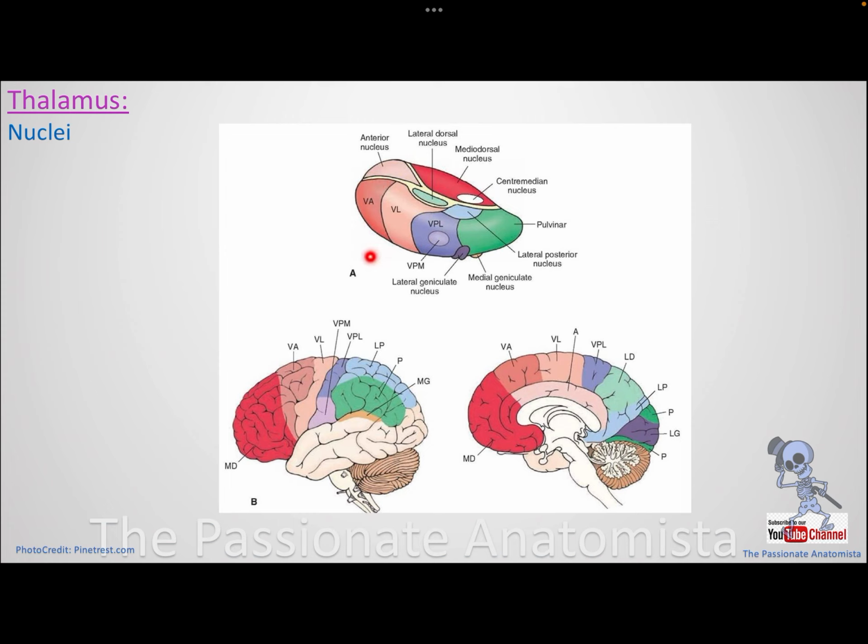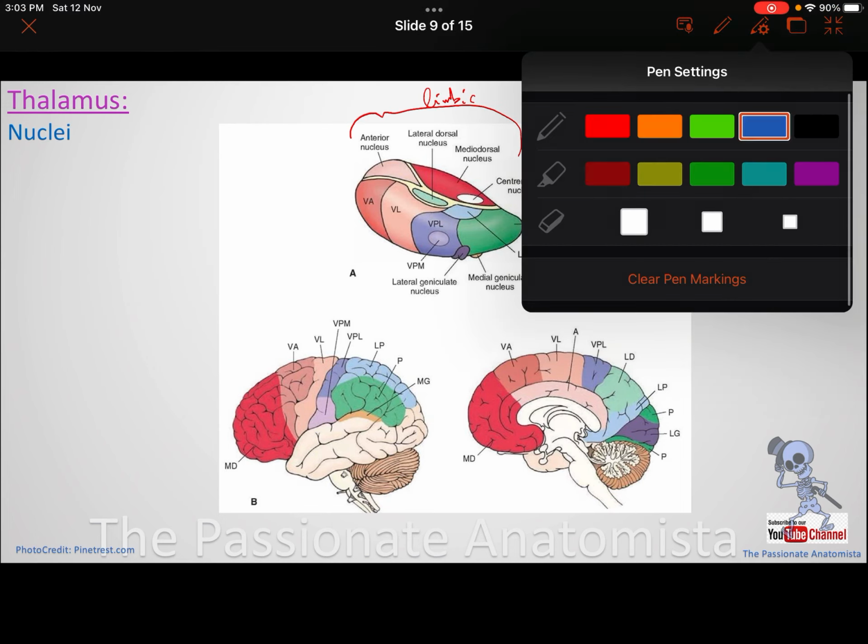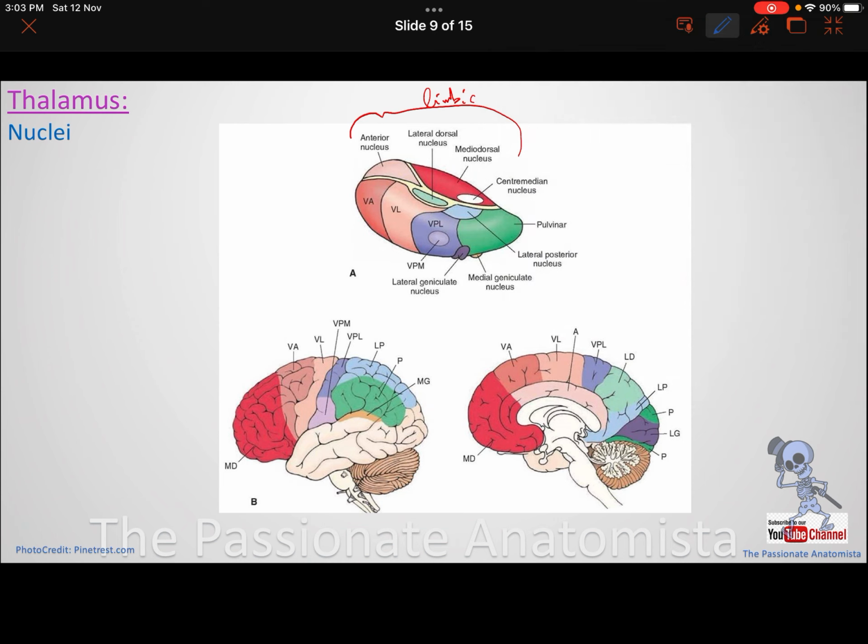So remember that we had the anterior nucleus of thalamus, and the dorsal nuclei, medial dorsal and lateral dorsal. They were responsible for the limbic system, and we already explained them in the limbic system. And we also talked about the VPL and VPM, which were for the sensory cortices.